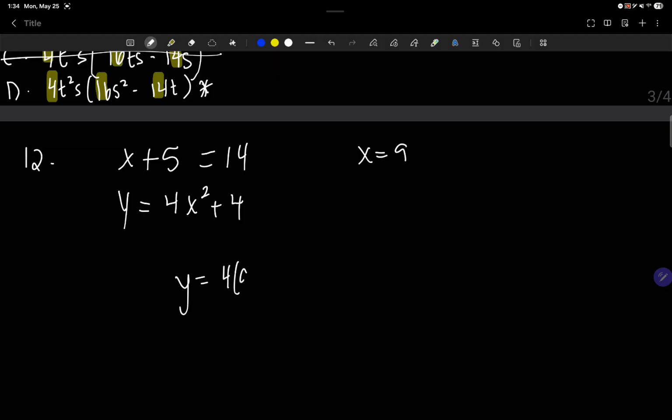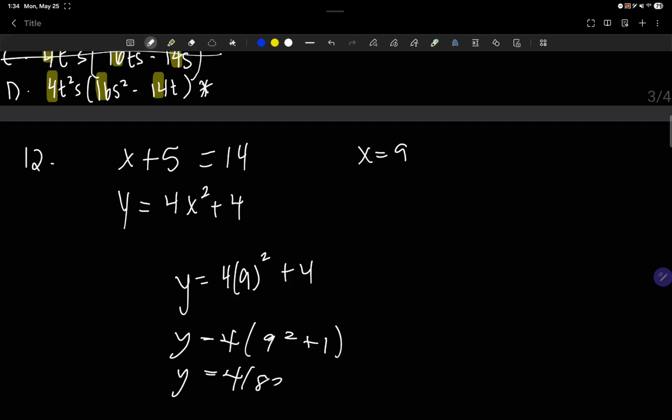Now, I would maybe factor out a 4, just to make it easier. So if you factor out a 4, you would have 9 squared plus 1. So you're really doing 4 times 82, right? Because 9 squared is 81. So 8 times 4, that's 32, but that's really 320. And then 4 times 2 is 8, so 328.